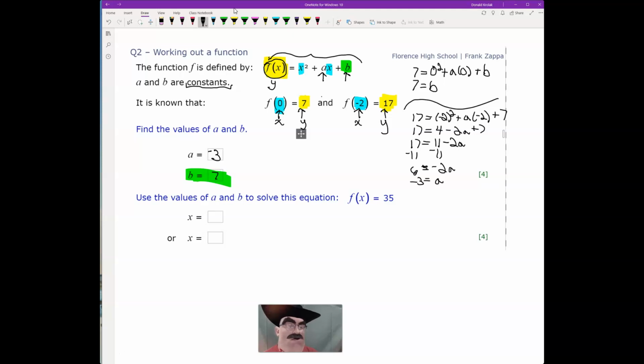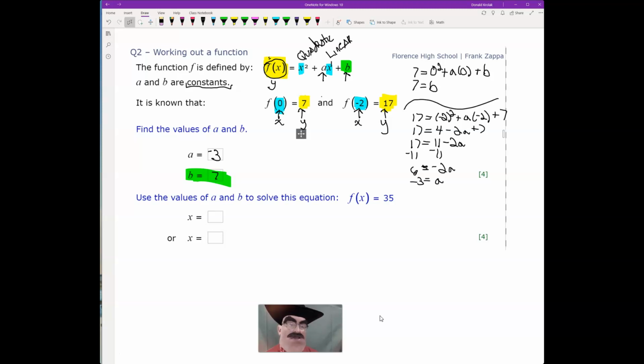And there's the coefficient for our linear term, -3. So when you have a quadratic, the term that is a square is called the quadratic term. The term that has x to the first on it is called the linear term.